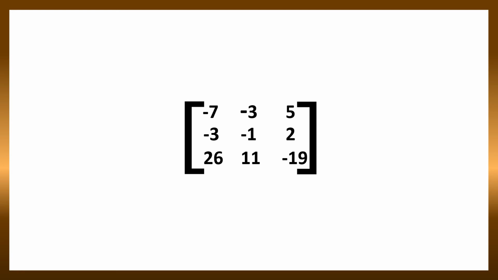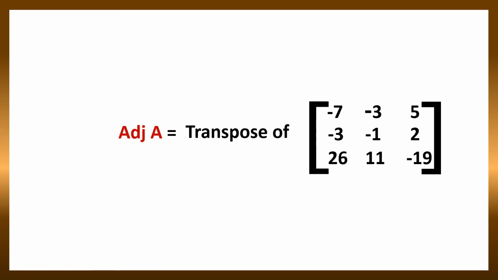Now, to find the adjoint of this matrix, we have to calculate transpose of this matrix. This matrix is the cofactor matrix. Since all the elements in this matrix are formed using the cofactors of the elements in the original matrix A, this matrix is called cofactor matrix. So we have to find the transpose of the cofactor matrix.